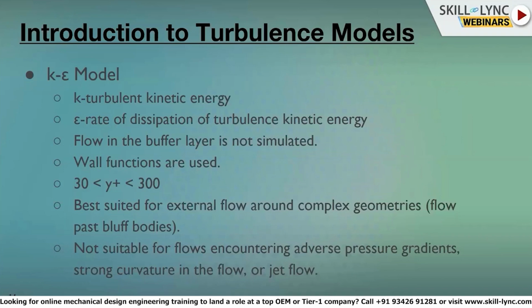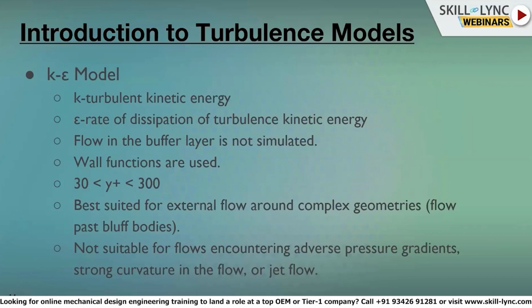This model is best suited for external flow applications around complex geometry. When I say external flow applications, basically it is well suited for bluff bodies, like flow past a cylinder, flow past a sphere, or flow around a car or a truck. For those kinds of applications, the K epsilon model is one of the best.